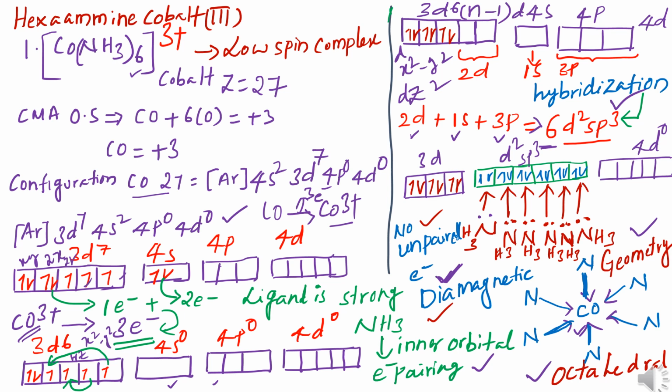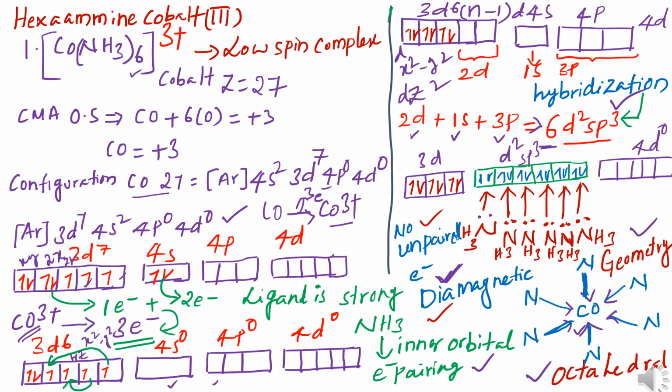How are they released? It is from 4s. 4s 2 electrons are released, and from the second orbital. Suppose you take this as dxy, this is dxz or this is dyz, this is dx square minus y square and this is dz square.